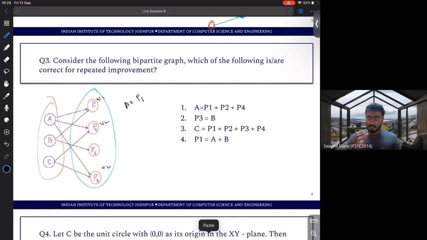So for the hub quantification, we are quantifying the hub A by the summation of the authorities, right? So P1 plus P2 plus P3, sorry, P3, not P4. Right. So this is how we are calculating the hub score, or updating the hub score.